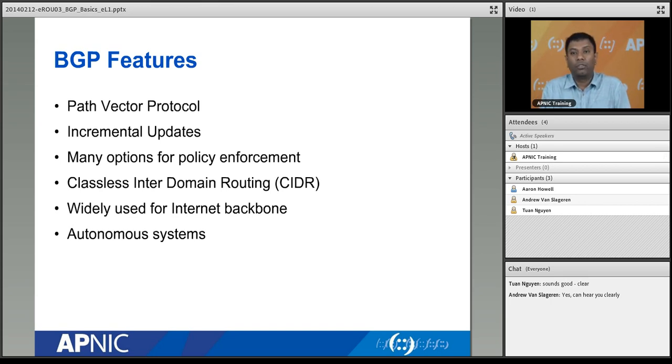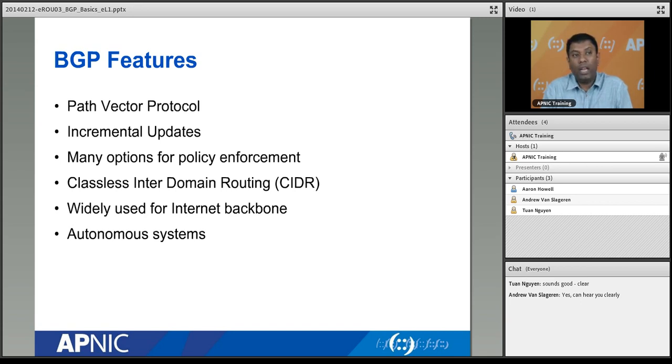So when BGP learns a route, it also incorporates through which networks the route actually traversed or came via. That is what we call a path vector routing protocol.